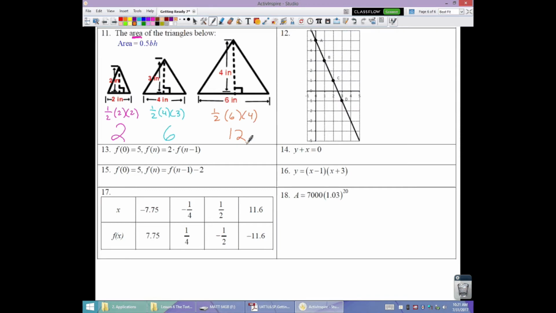So what are we seeing as that increases? From 2 to 6 goes up 4. From 6 to 12 goes up 6. Now really, 3 numbers is not much of a pattern. We're really assuming a lot to say that what we see in those first couple is going to continue. But it's certainly not linear because it doesn't have a constant rate of change.